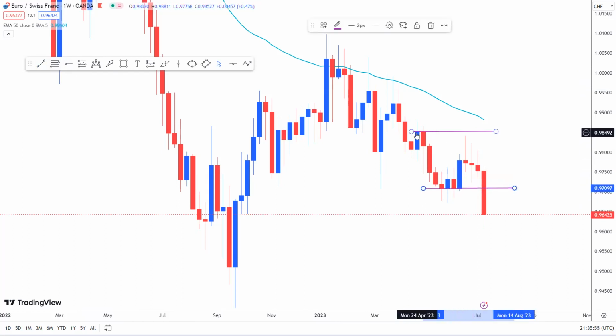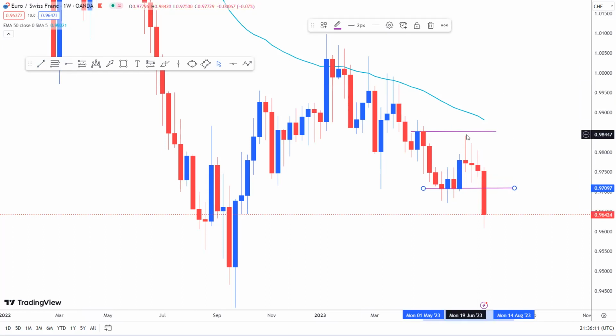So as long as we stay below this zone right here, we're still very much in a bearish market structure.